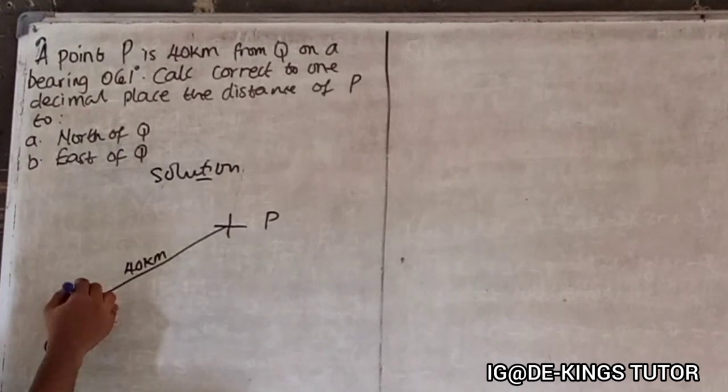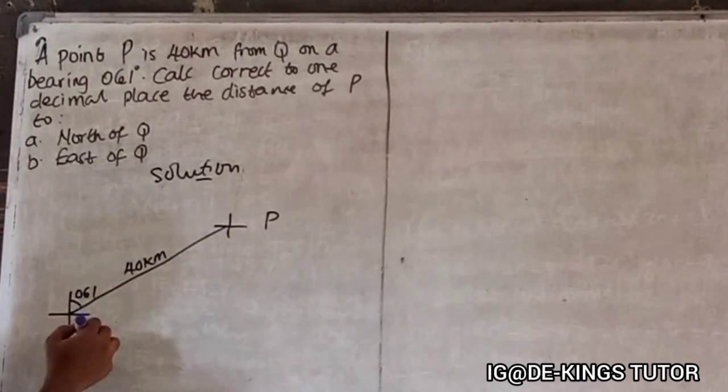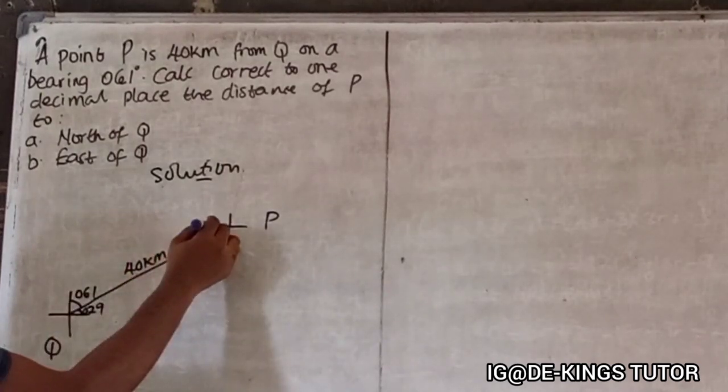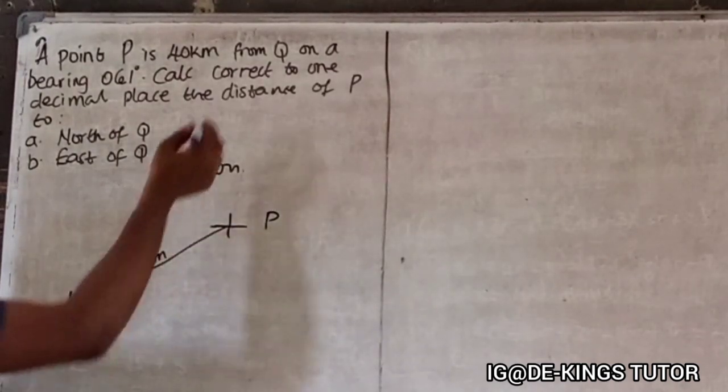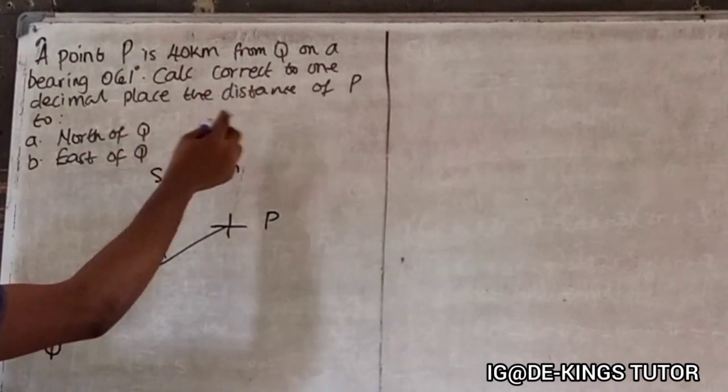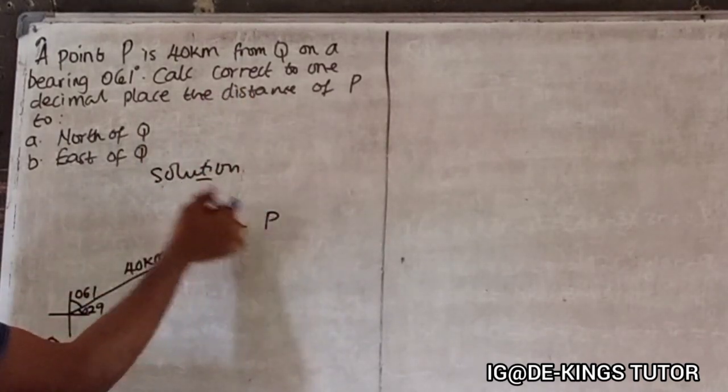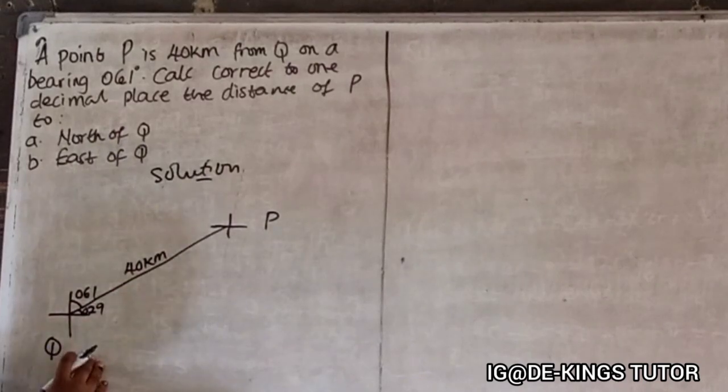And the bearing of what? 61. So if from here to here is 61, it means this part is what? 29.